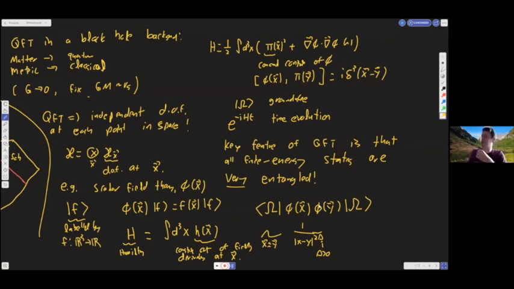In fact, what we see here is that there exists an infinite amount of entanglement, because we can just bring them closer together, and they get more and more correlated.